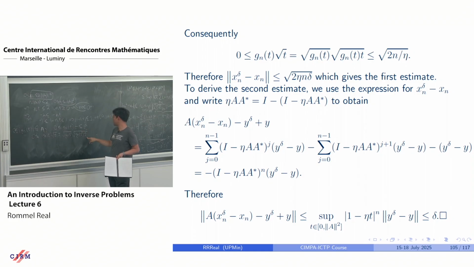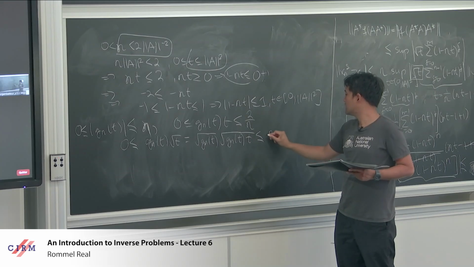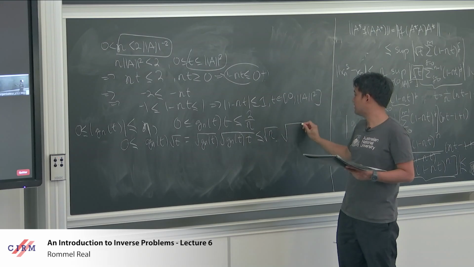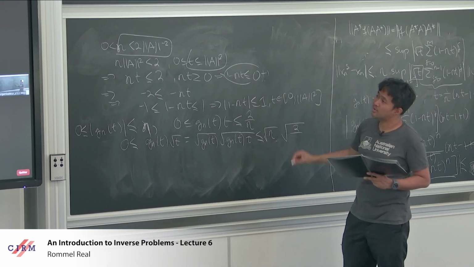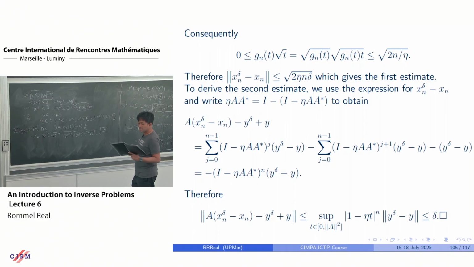Then using the two previous results, this is equal to square root of eta times square root of 2 over something.